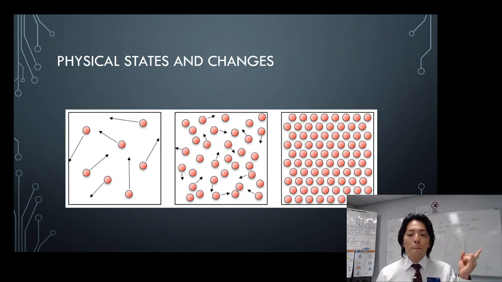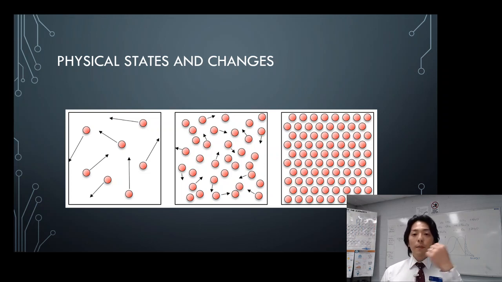For you to melt it to liquid state, which is in the middle, you would have to provide a lot of energy. It could be heat, electricity, or light. But without that energy to overcome the interaction between particles, they won't change state. In liquid, the particles are interacting with each other, but they're free to move around.